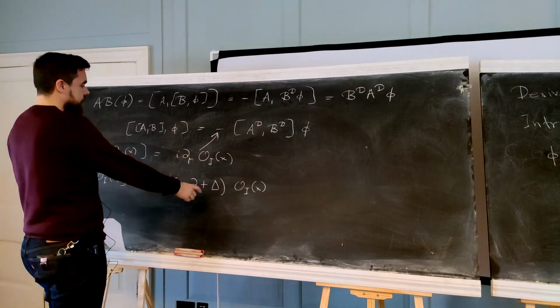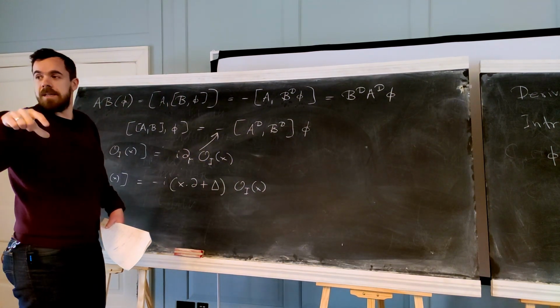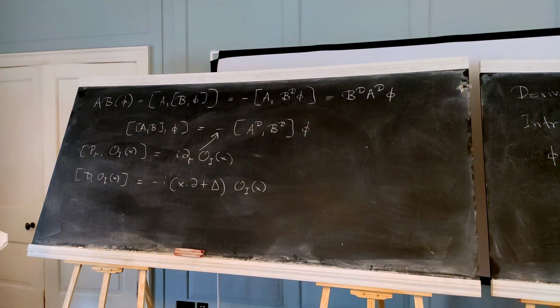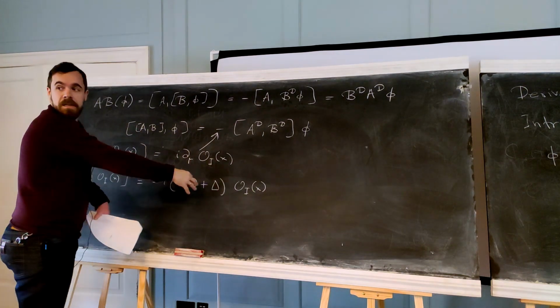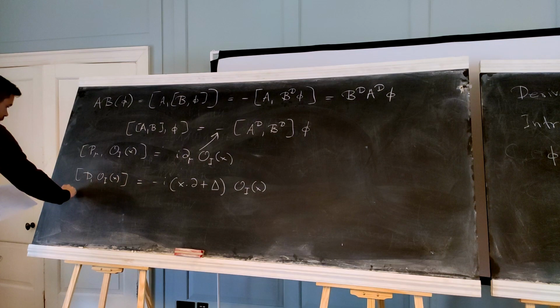And this delta comes from the transformation property of the primary that I erased. Remember, I had this O(x) to the delta, right? You use that O(x) for dilatations, and when you expand it out, you'll get some delta. Okay?